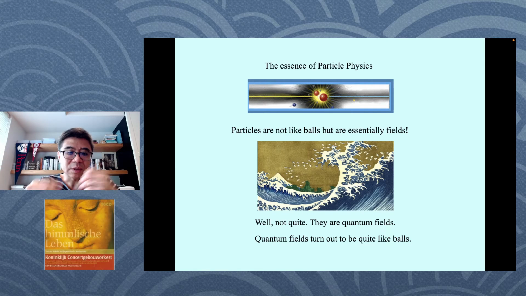But well, not quite, because particles are not classical fields. They are quantum fields. And the key point I want to make today is that quantum fields turn out to be quite like balls. Okay, that's an interesting statement, and we will see very soon.